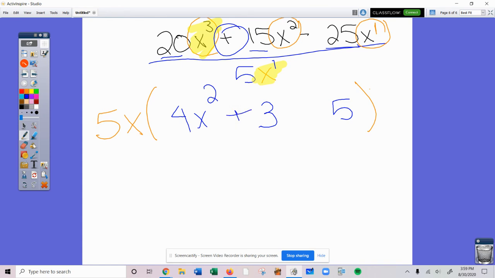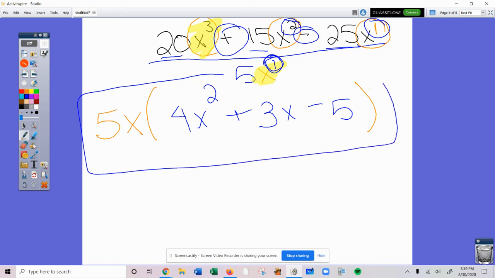So positive here. A 2 minus a 1 gives us a 1. We have a subtraction here. And a 1 minus a 1 gives us nothing, so there's no x on the end. And this is our factored answer.